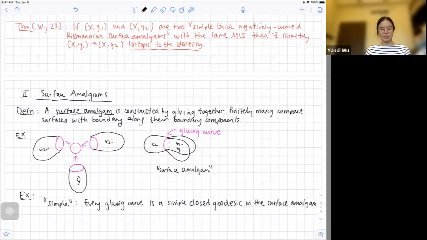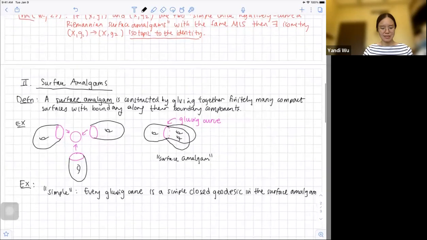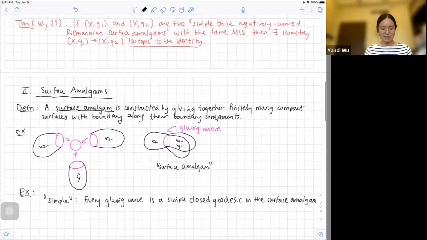Of course, in order for this construction to make sense, I need to glue by isometries, so the lengths of the boundaries of all the surfaces with boundary that I'm gluing together have to be the same. And I'm not allowing for higher degree gluings. The name simple comes from the fact that these gluing curves are simple closed curves. And also we want all the gluing curves to be disjoint.